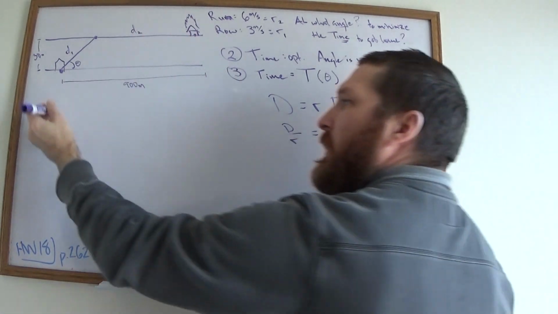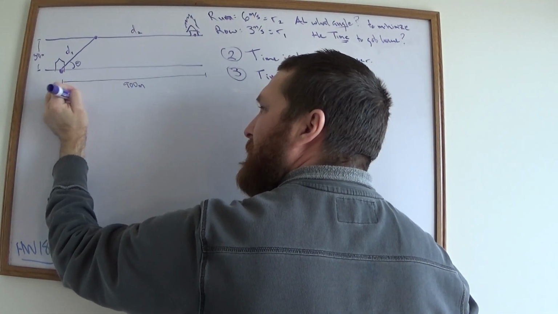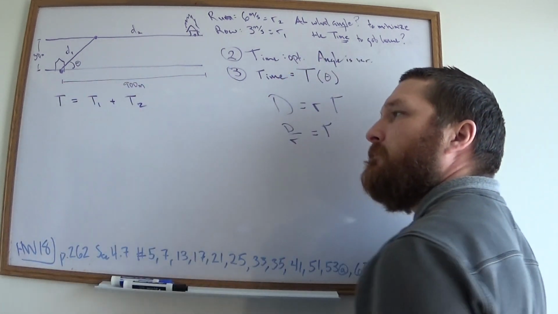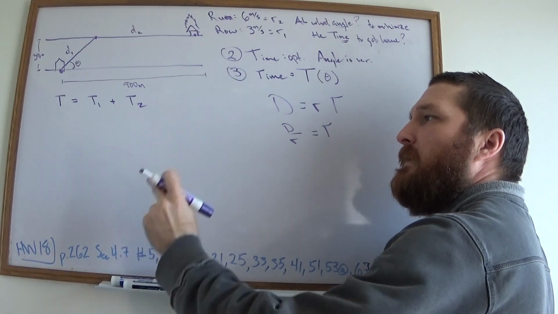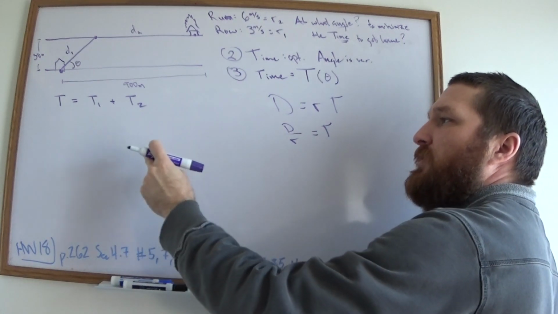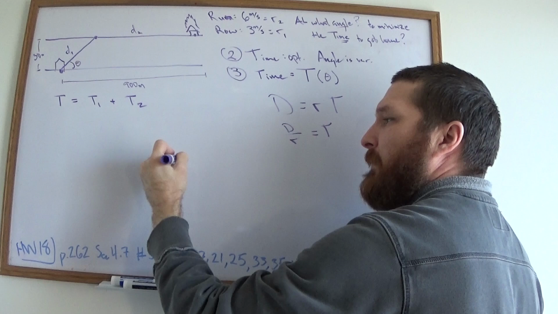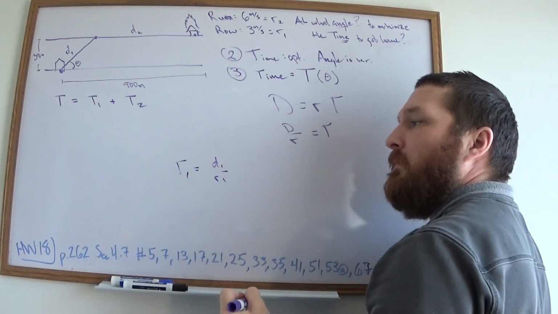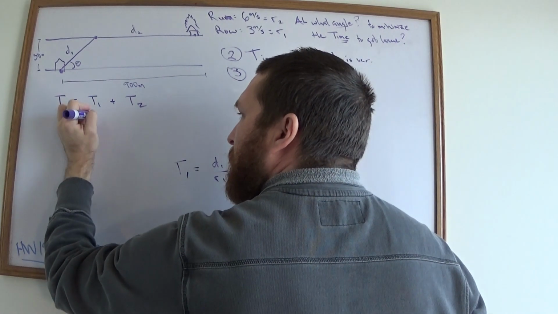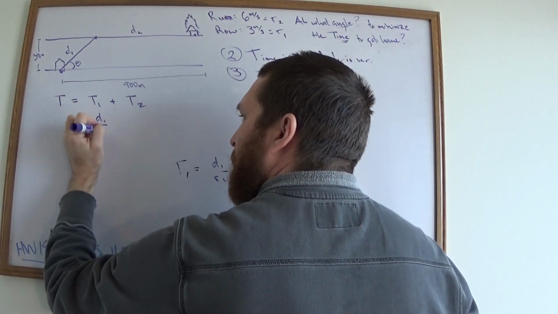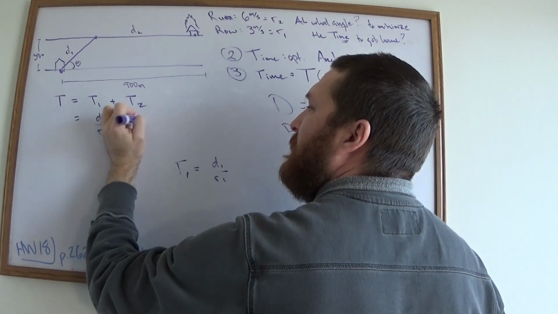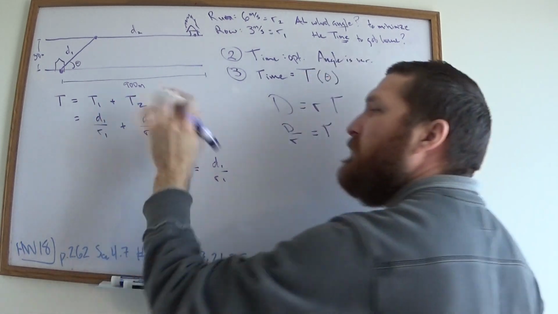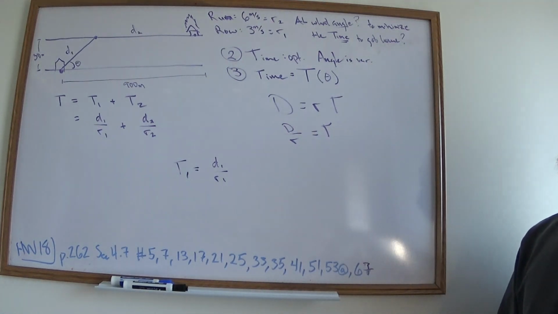Same thing here, my total time is T1 plus T2. But T1 should just be that first distance divided by the rate, right? T1 should be D1 divided by R1. And similarly, D2 divided by R2 gives you the second time.